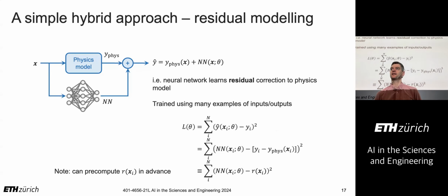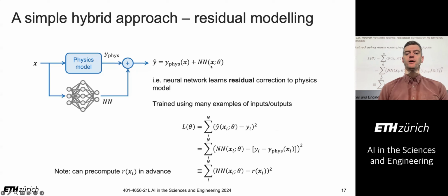Okay. So how do we train this residual network? We train it how we would train a normal neural network, in that we match the outputs of this workflow to some labeled training data. So we've got some examples of X and Y, from some real data set perhaps.